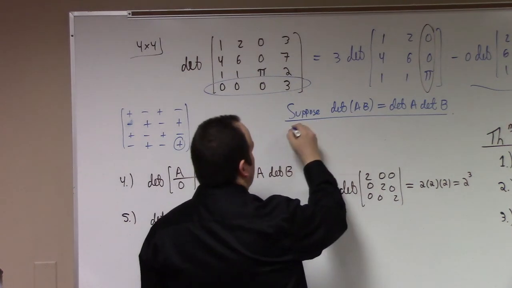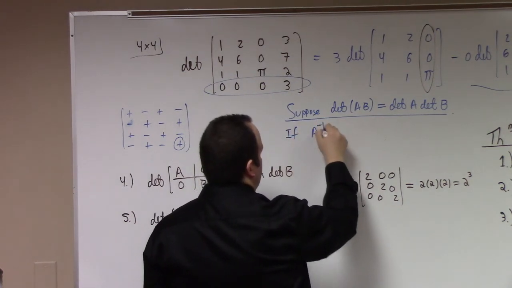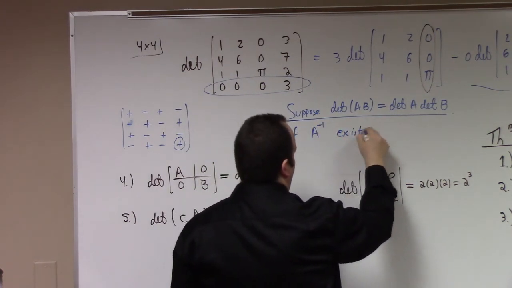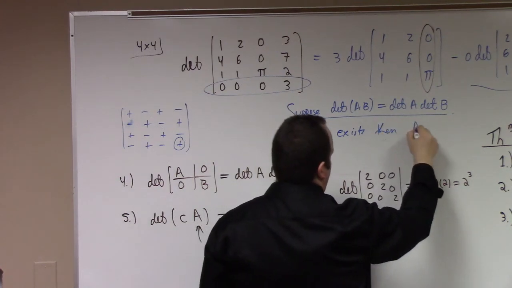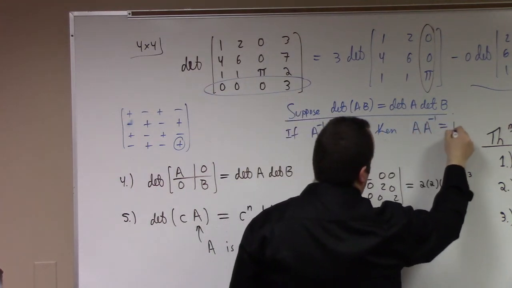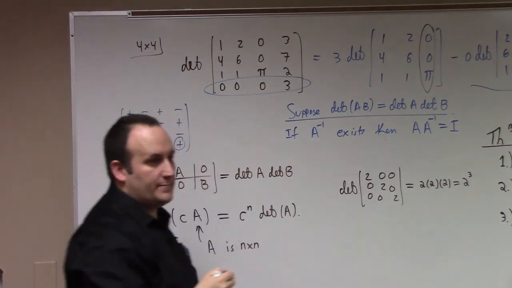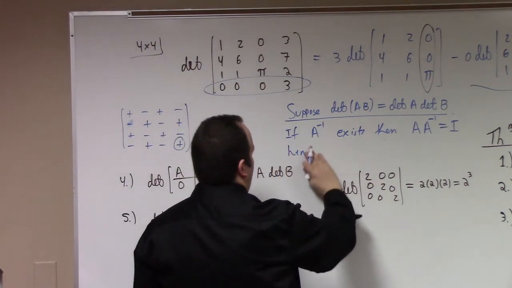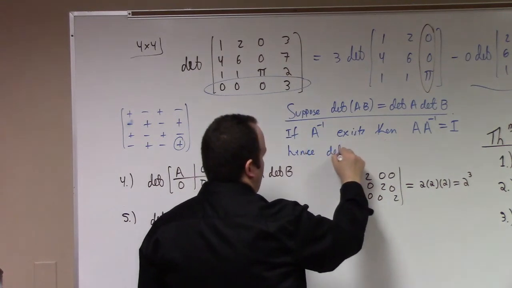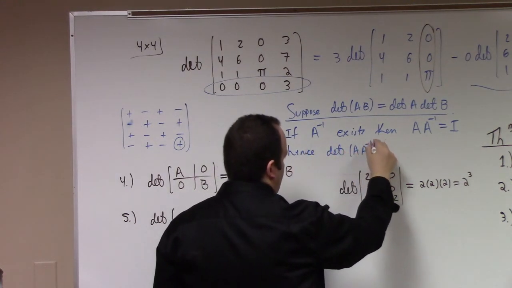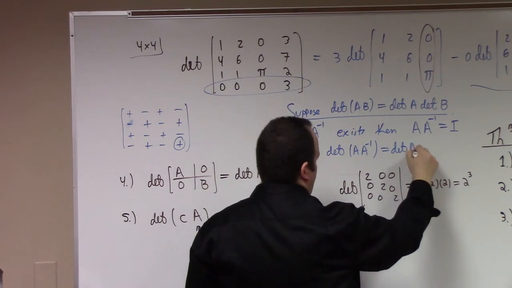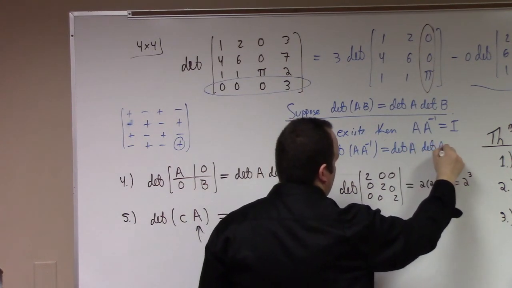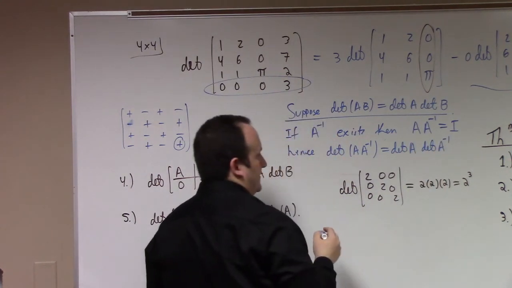If A inverse exists, right, then what? We know that A times A inverse is equal to I, right? Hence what? The determinant of A times A inverse is what? The determinant of A times the determinant of A inverse, right? And that's equal to what?